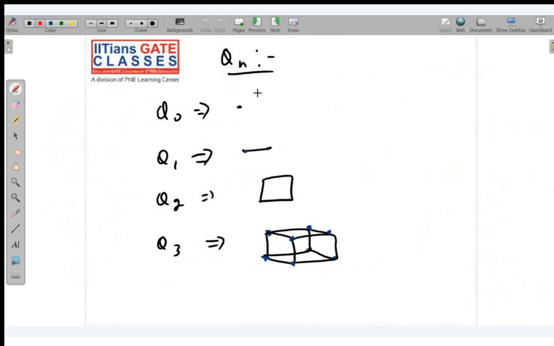Okay, Qn. Q0, it will be 1. No problem. Q1, it will be 2. No problem. Q2, it will be 2. No problem. Why? Because it is C4. C4 needs 2. So for Q3, see this. Red. This is adjacent, this is adjacent, this is also adjacent, so do not take it. So this is red. For red, this is adjacent, and you can take here red also.